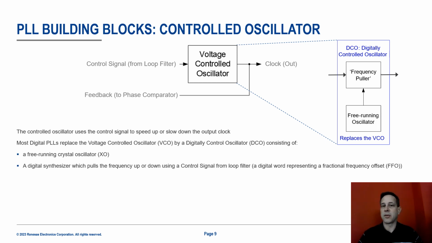This oscillator can be a crystal oscillator, or a MEMS oscillator, or any form of oscillation of a clock. Because it's digitally controlled, the control signal coming from the loop filter is generally represented as a frequency control word. The output of the DCO or VCO is then fed back to the phase comparator to close the loop.